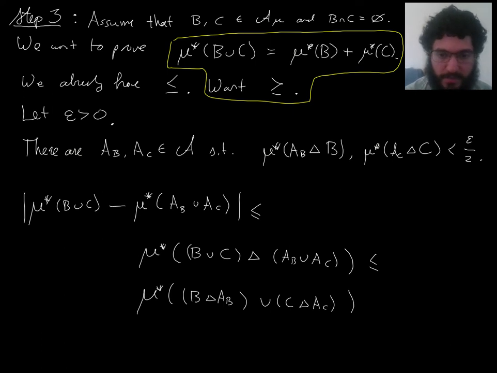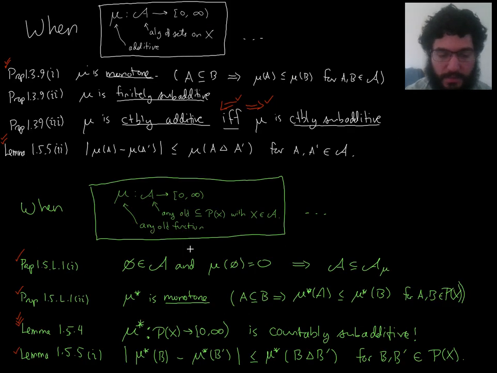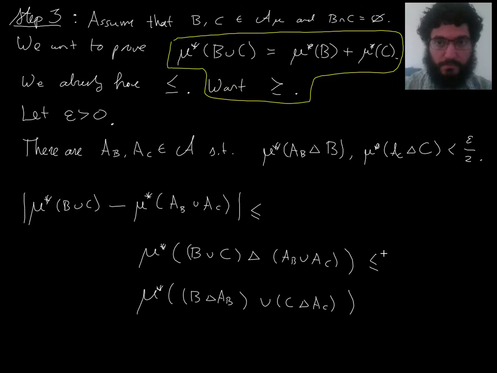The outer measure there. So what I'm using there is this one again. All right, and now I'm getting things down to these individual symmetric differences that I know something about.